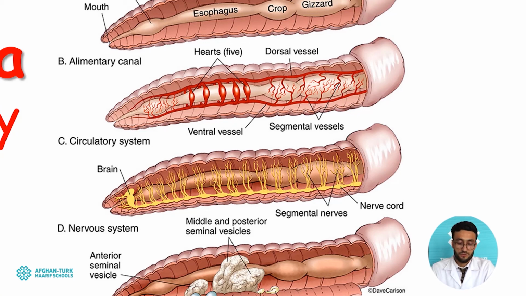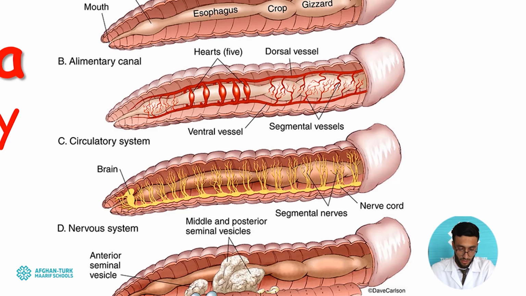In the circulatory system of the earthworm, we can see five vessels that pump blood around the body. Each part of the body is connected with the circulatory system. We can say that the circulatory system is closed, so the blood circulates within vessels. As you are seeing, the vessels are red, so you can imagine that hemoglobin is present in the circulatory system of the earthworm.